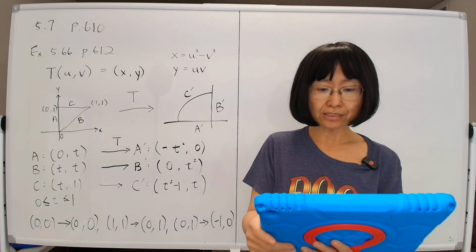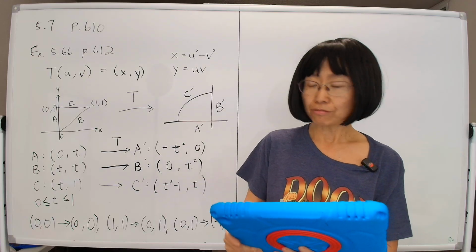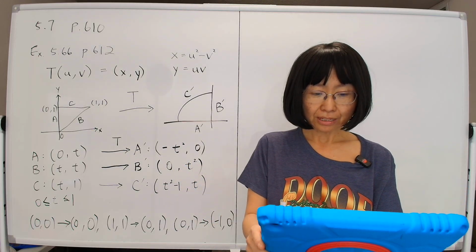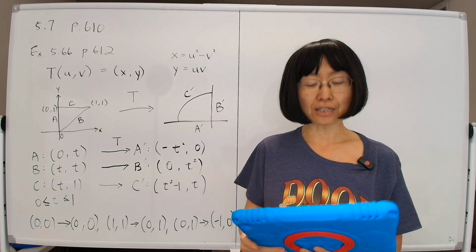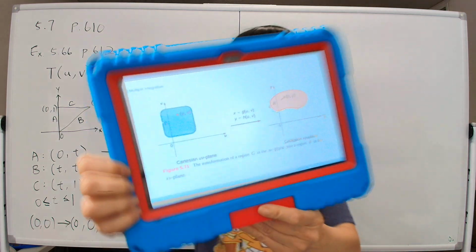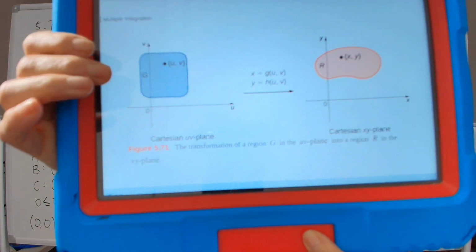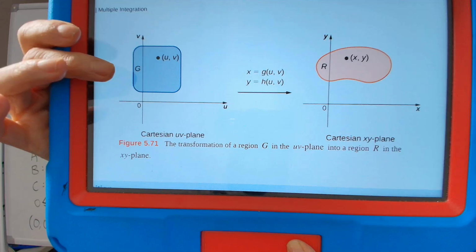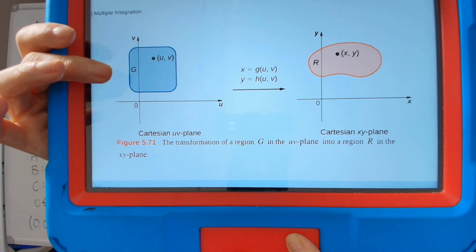Okay, so that's our plan for today. First, let's look at transformation. We'll go over transformation just enough to tell you what it is. A transformation is when you have two regions on the plane. You start with a plane, the UV plane, where you have a point called (u, v).